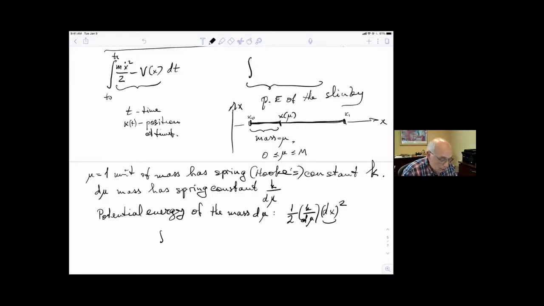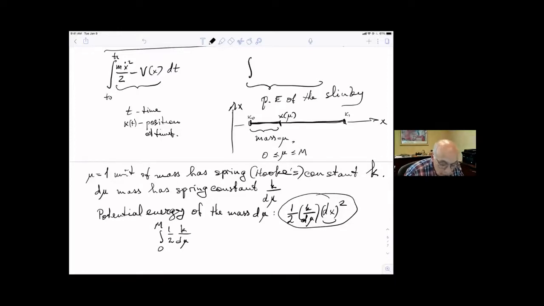So the sum is going to be the integral, mu goes from 0 to M. And I'm simply substituting this, right? I'm adding these things up. It doesn't look good, but it will be perfect in a second. 1/2 k over d mu.